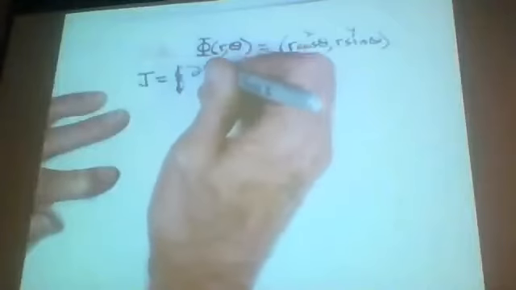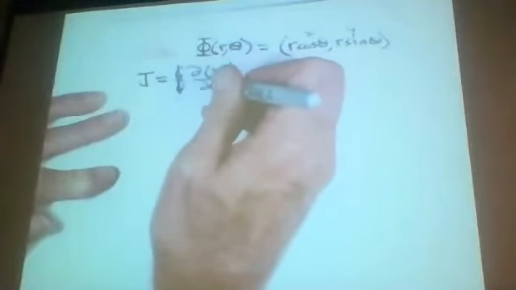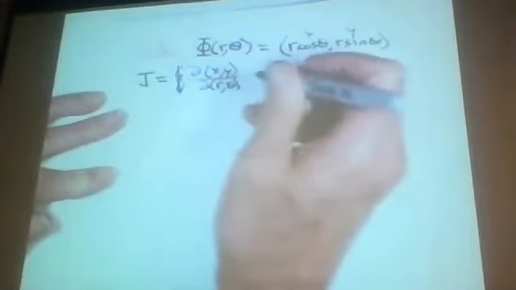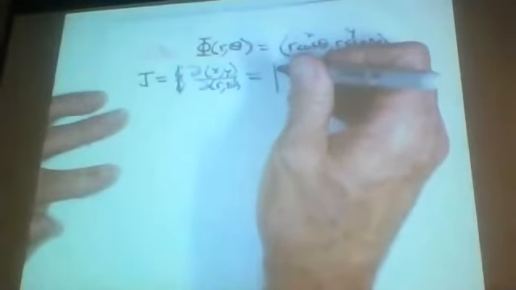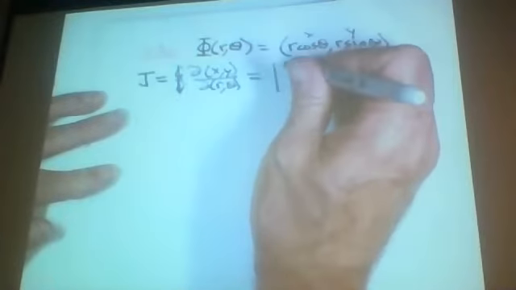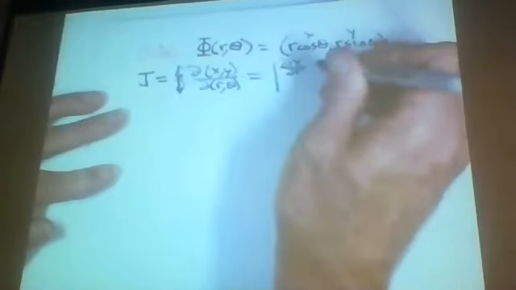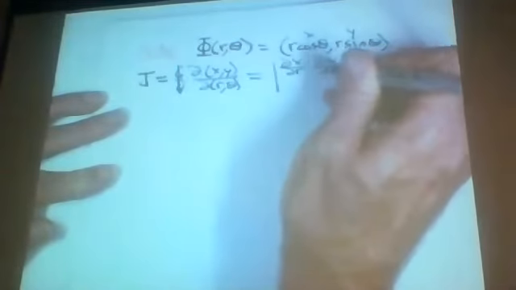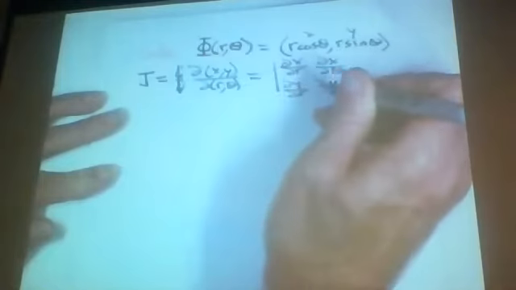Well, remember, we write it with this notation if you want: d(x,y)/d(r,theta), and it is the determinant of dx/dr, dx/d theta, dy/dr, dy/d theta.